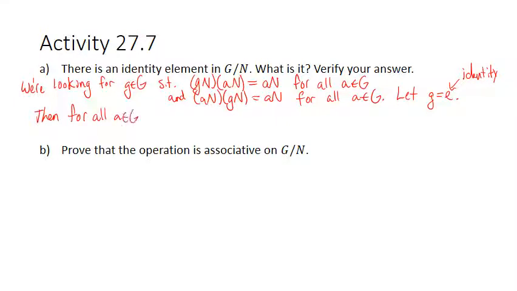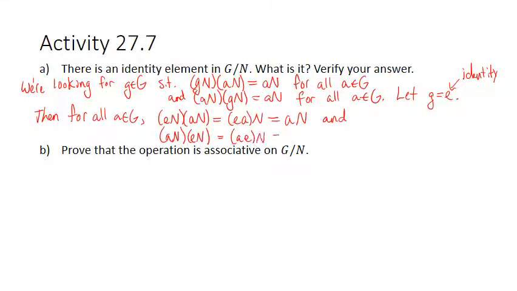For all elements a of G, when we do eN times aN, the way the operation works, remember, is that you do the two elements together like that, times N, and that is actually just going to be aN. And if we do it the other way around, aN first and eN second, we'll get the same thing. So this will be ae times N, and that will also just be aN.